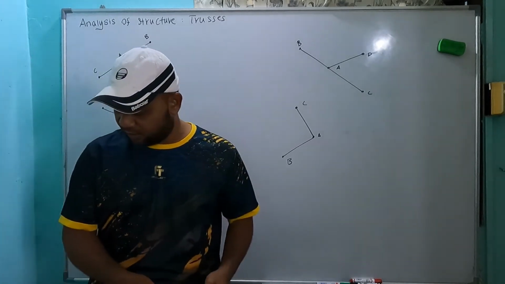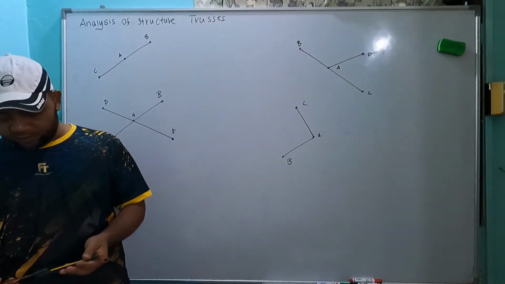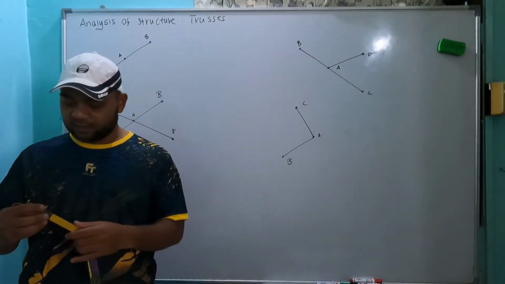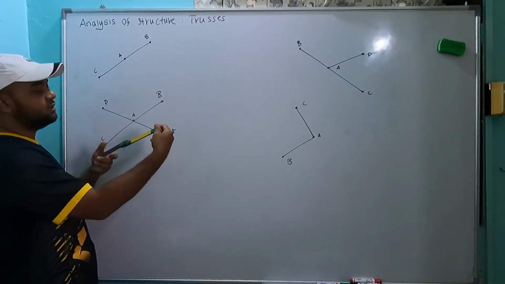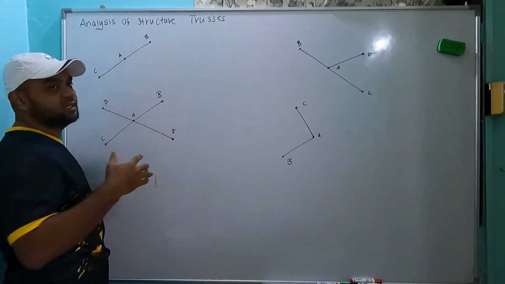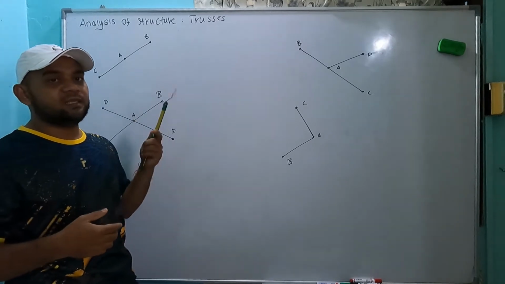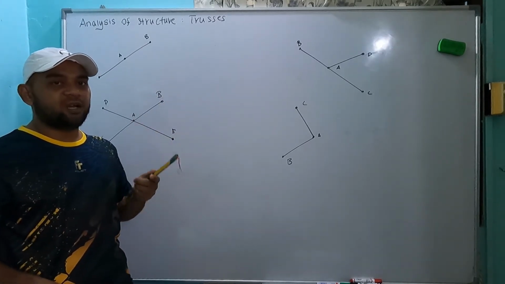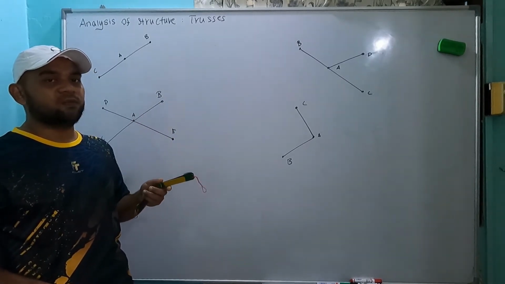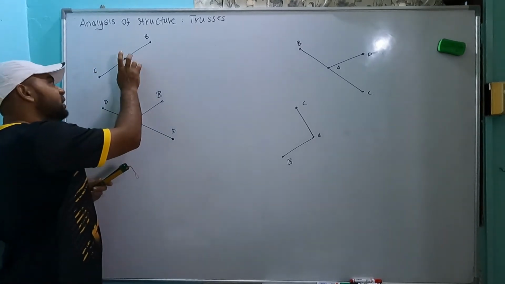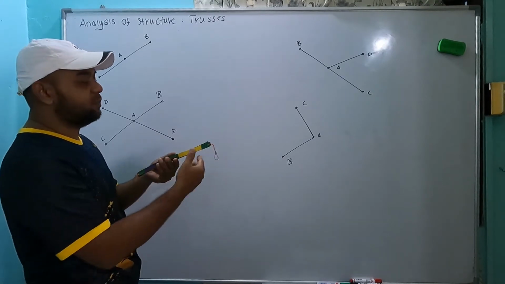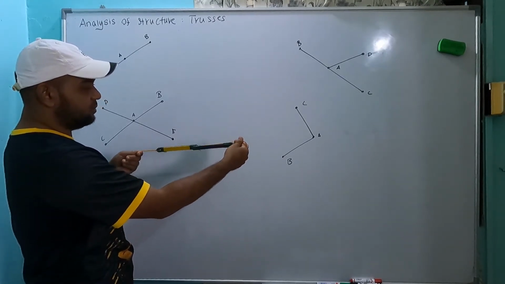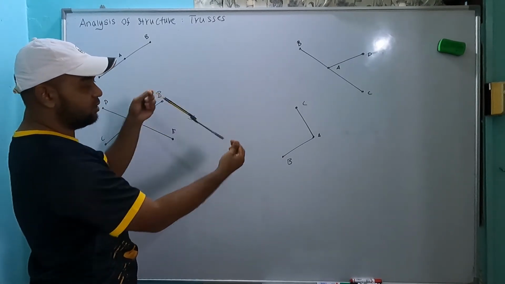To imagine this, I have built this simple part. For example, the first one, where we have two parts, AB and CD. Remember, this is a pin joint and all are two-force members. So in order to maintain the force in this direction, there must be something that pulls this part in this direction or this direction.